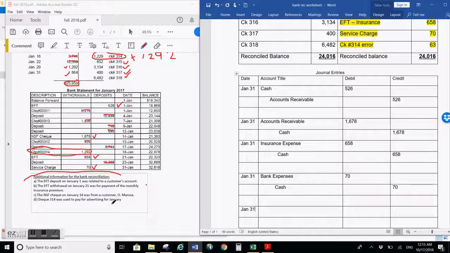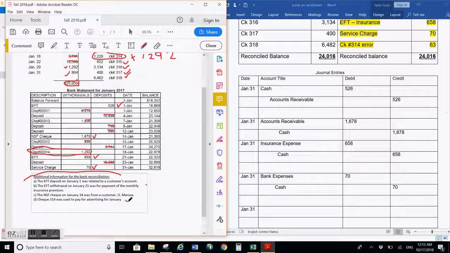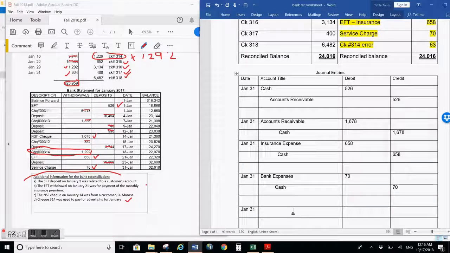So when we originally did the journal entry for that payment, we would have debited advertising expense and credited cash. We just did it for an amount lower than we should have, so we need to fix those two accounts by again debiting advertising expense and crediting cash.